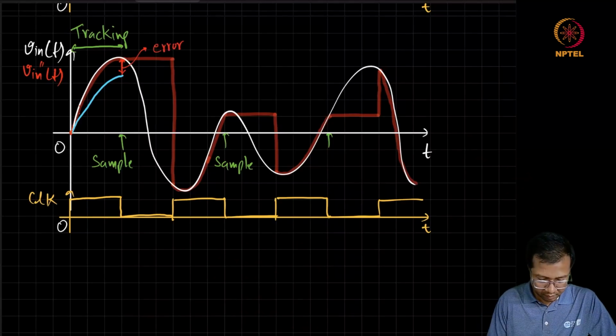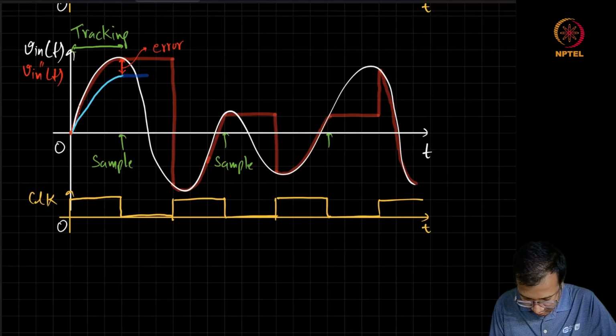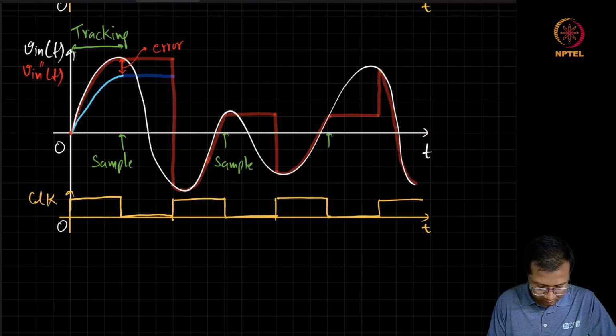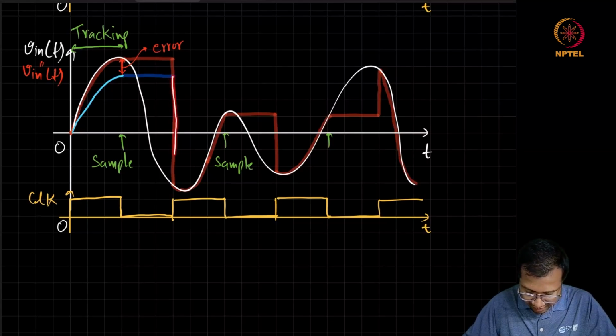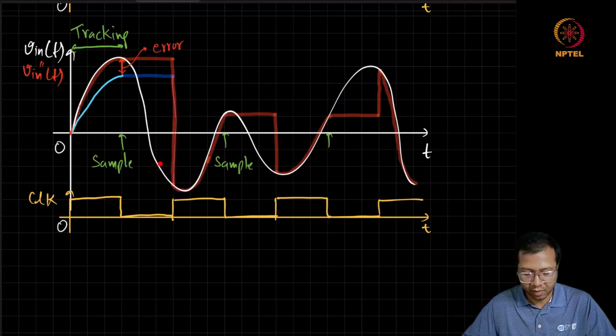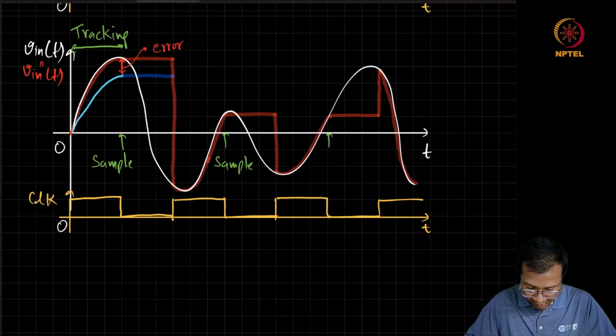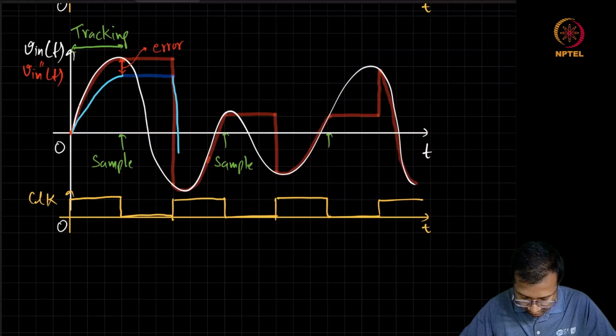Then the signal is going to be held, and when we reach the next starting phase of the tracking, this signal may not instantly jump to the input value because we have R on and C sample present in the circuit. From here itself, there will be some deviation, and then it will try to follow the input.